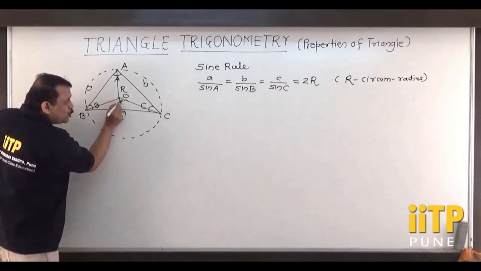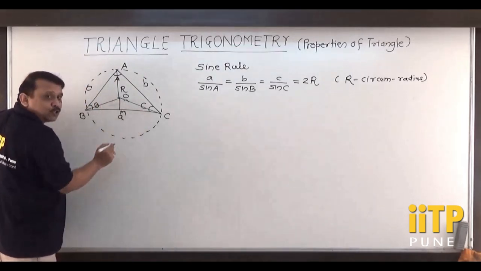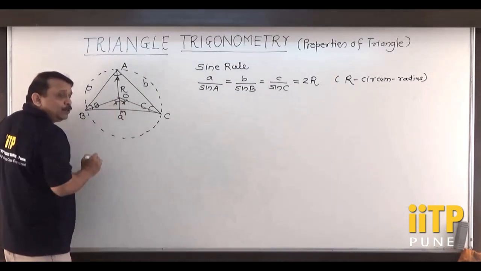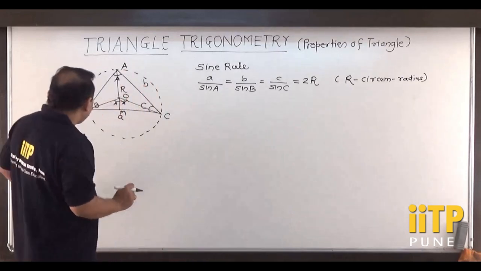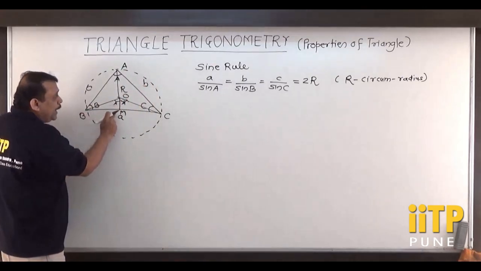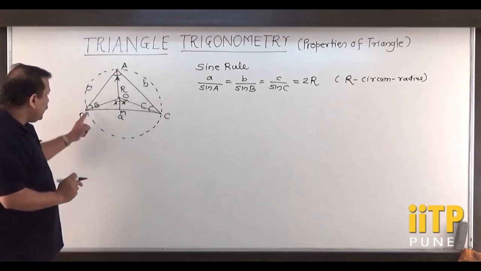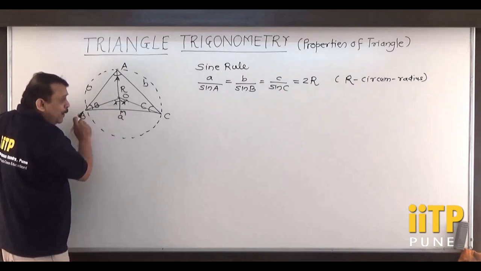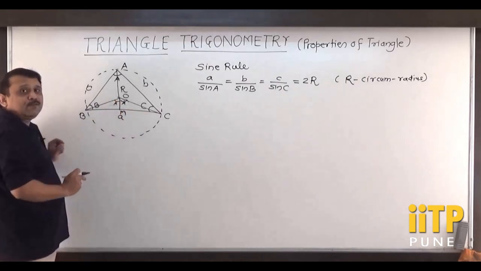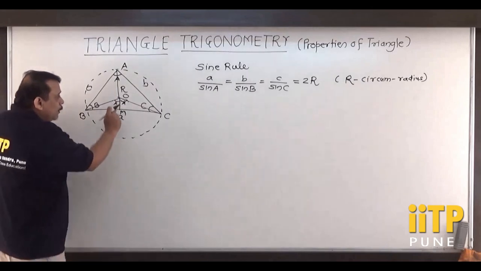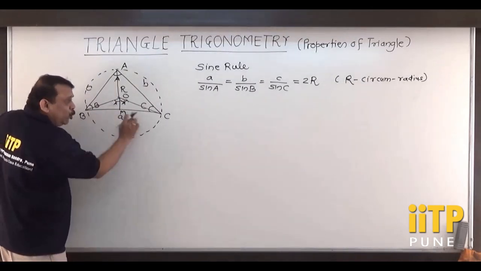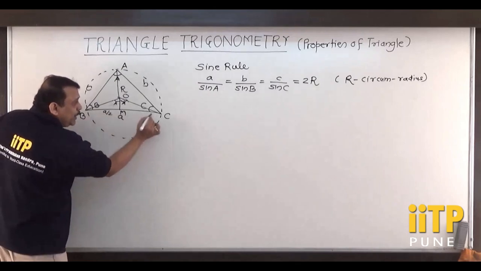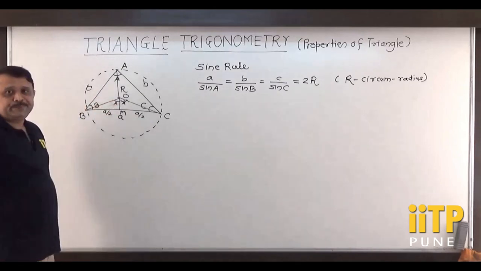And because angle BOC was twice A, therefore this angle becomes A, this angle also becomes A. Now if you look into this triangle BMO, because M is the midpoint of BC, being dropped the perpendicular from the center of the circle on the chord, and total distance BC is a, therefore BM becomes a by 2, MC becomes a by 2.